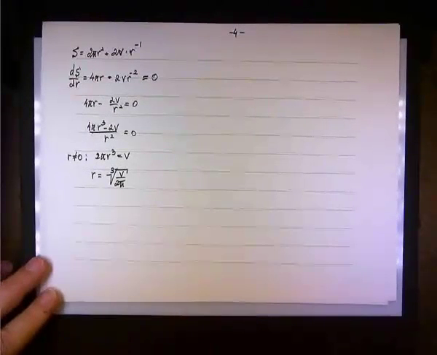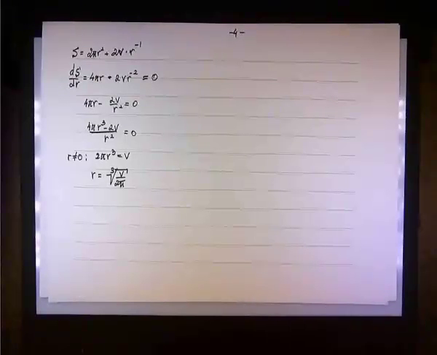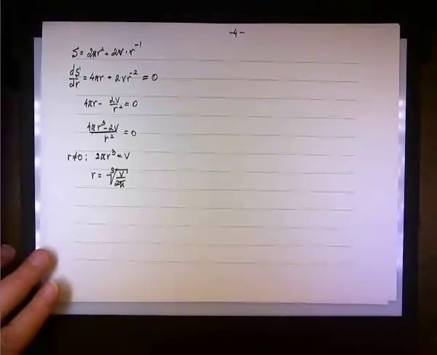And here we can put an example. If V equals 5,000 cubic feet, then you have a certain number.